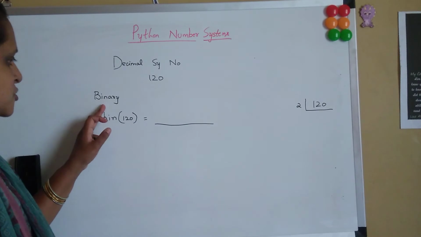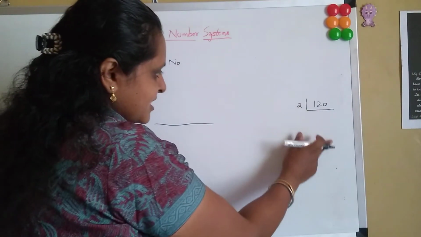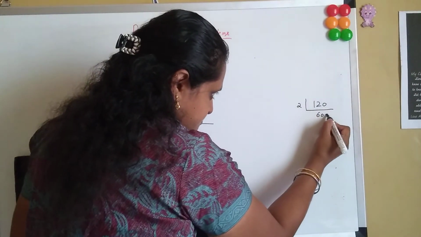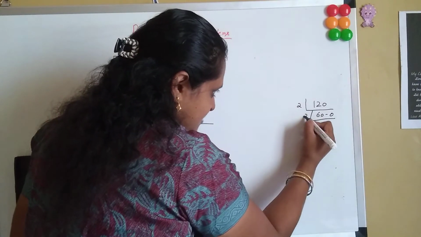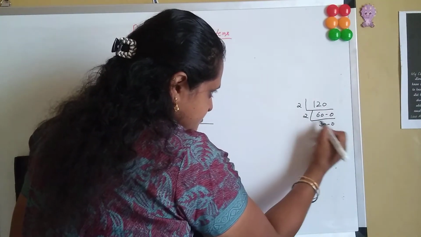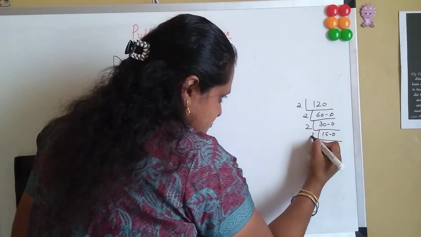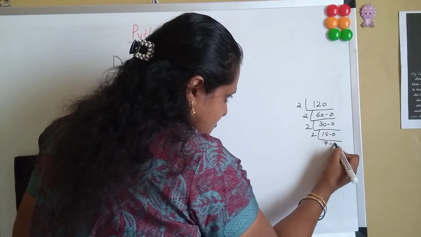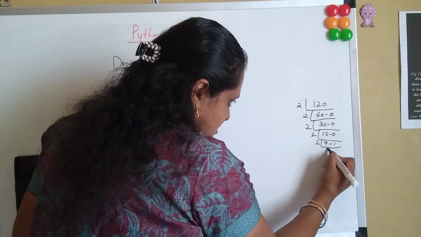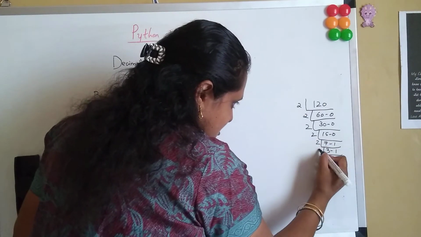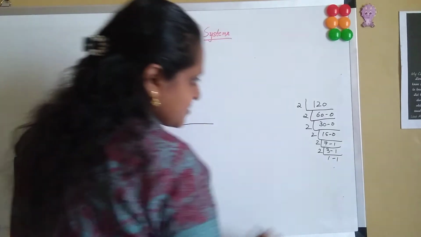Since it is base 2, we have to keep on dividing it by 2. Again divide it by 2. Again divide it by 2. 2 sevens are 14, 1 remainder. 2 threes are 6, 1 remainder. 2 ones are 1, 1 remainder.